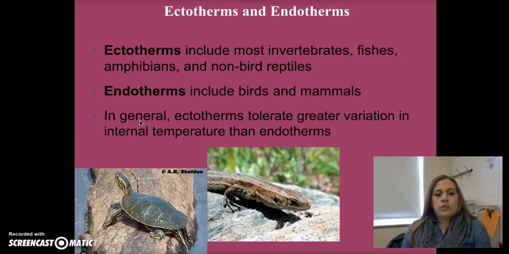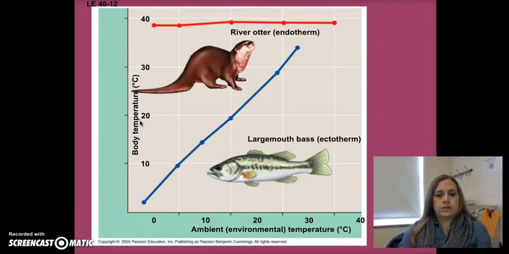So what's interesting is when you look at ectotherms, they can tolerate a much larger variation in internal temperature than endotherms. So in those endotherms, birds and mammals that we talked about earlier, we need to keep a much more narrow temperature range within our bodies. So if you take a look at this graph, it's comparing an otter, which is an endotherm, to a largemouth bass, which is an ectotherm. Now, the x-axis is the ambient or environmental temperature, and then the y-axis is the body temperature.